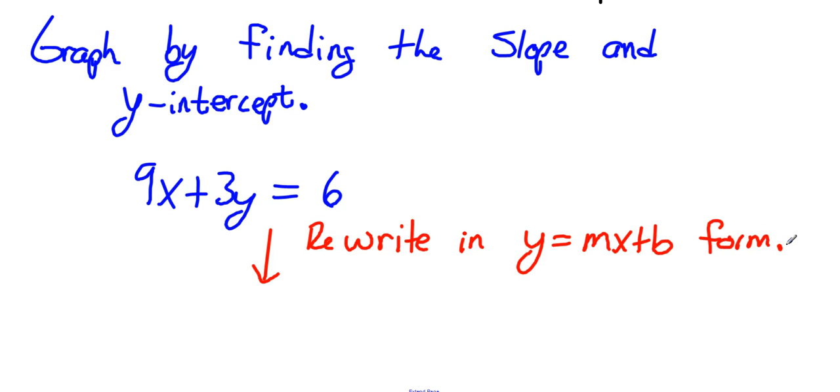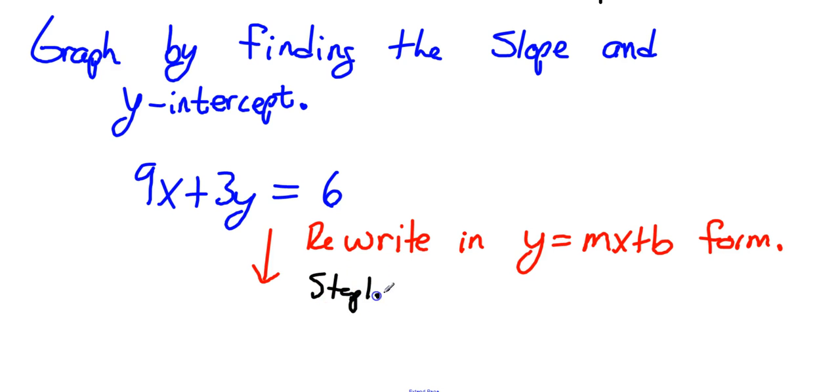Okay, if they give you this one on the graph review, they ask you to find the slope and the y-intercept. If the equation is not in y equals mx plus b form, you have to rewrite it so it's in y equals mx plus b form. And to do that, you're pretty much going to do the same thing every single time. It's basically like a two-step problem here.